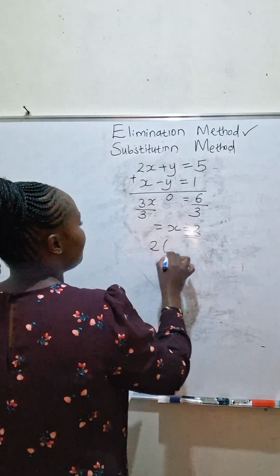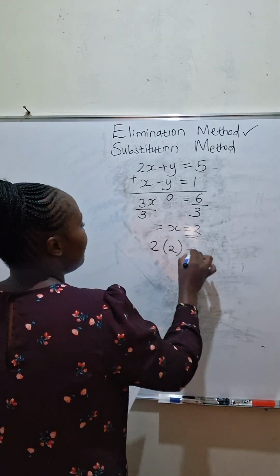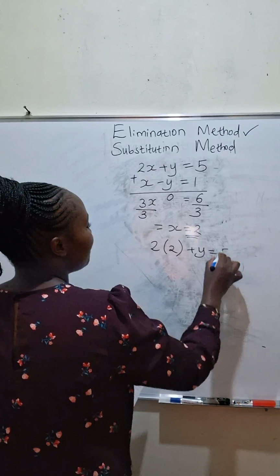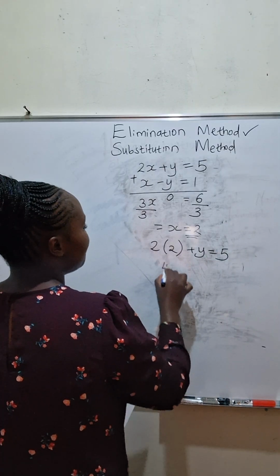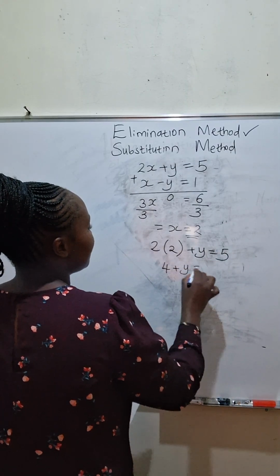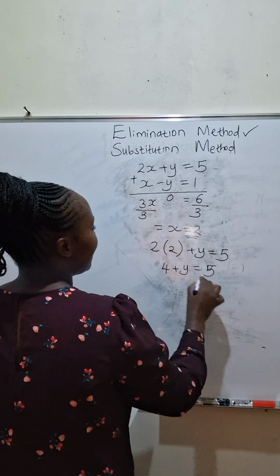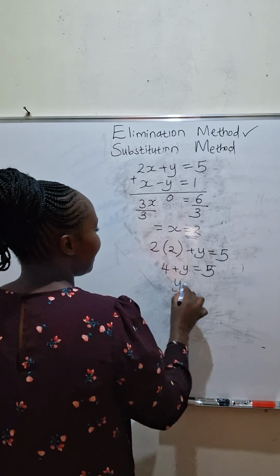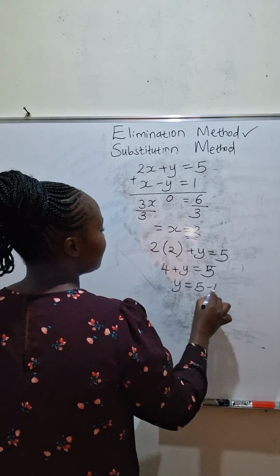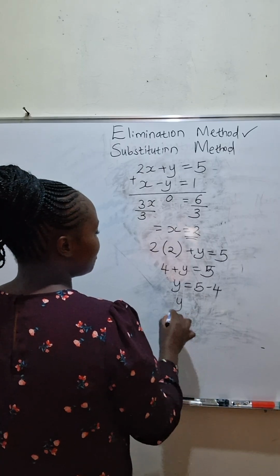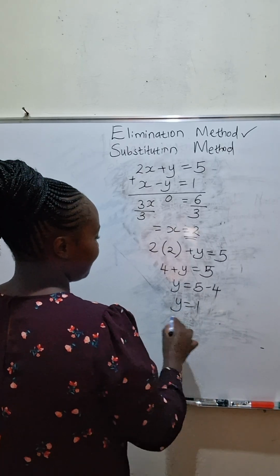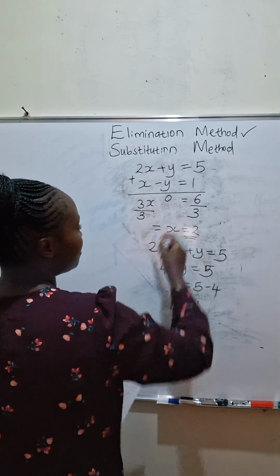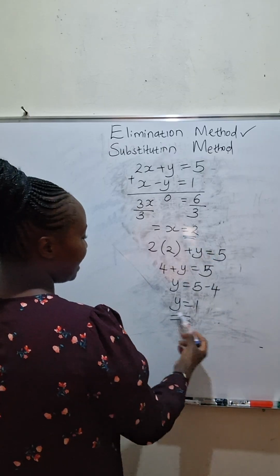So 2 in brackets 2 plus y is 5. So this means 4 plus y is 5. That means y is 5 minus 4. So you get that y is 1. So in these two equations, while x is 2, y is 1.